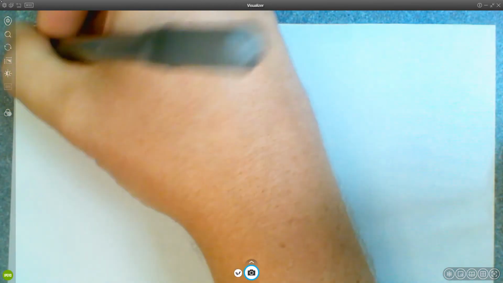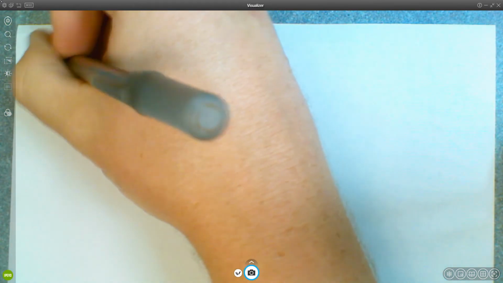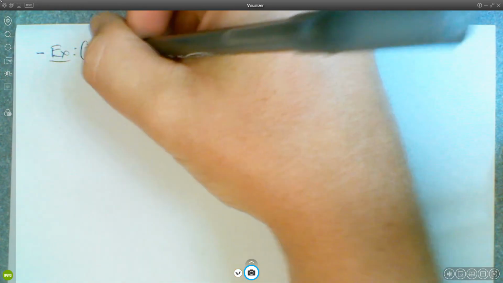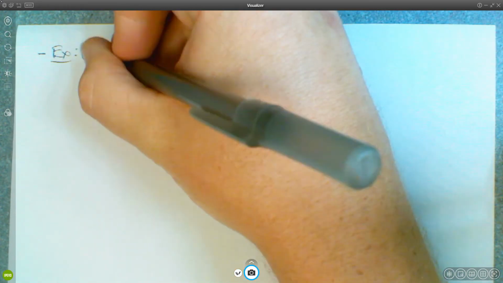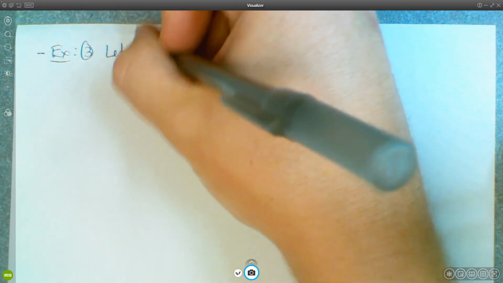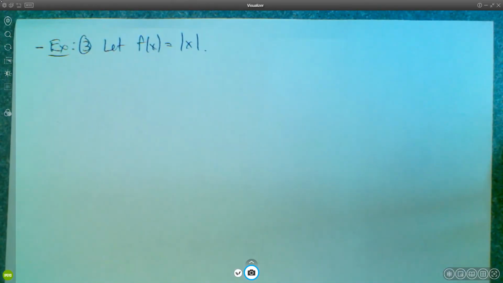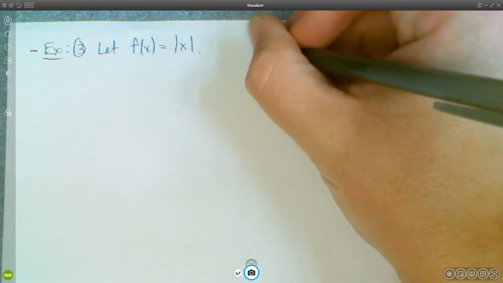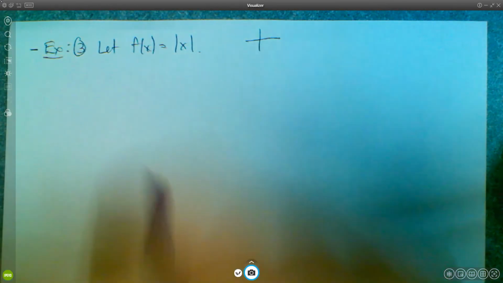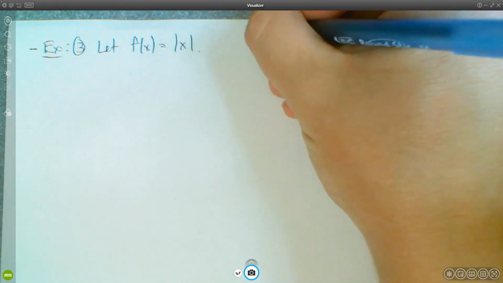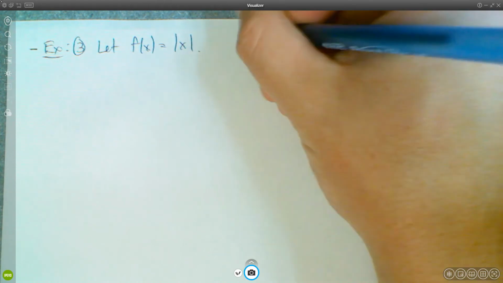So let me give you an example. Let's look at the function f of x equals absolute value of x. Pretty simple function. But if you think about the graph of that function, it looks something like this. It's a V shape.